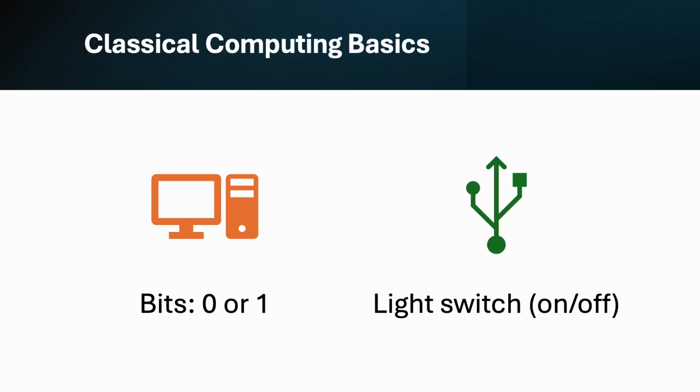While modern processors can execute billions of these operations per second, they are still fundamentally checking one thing at a time. This means that as problems get larger and more complex, the time needed to solve them grows proportionally, or worse, exponentially, for certain types of problems.